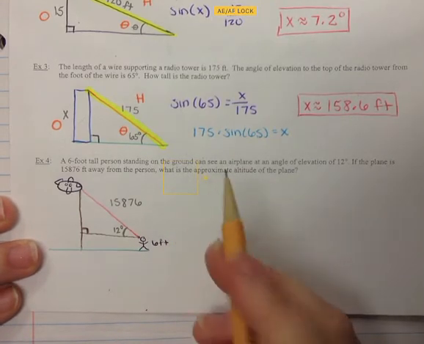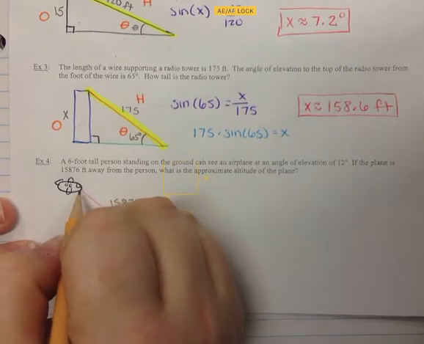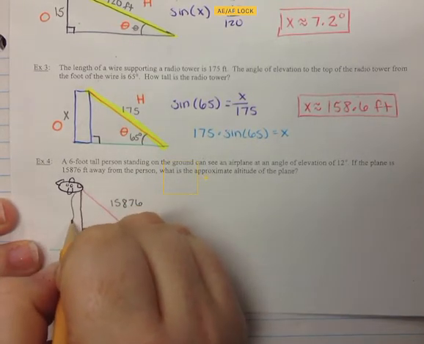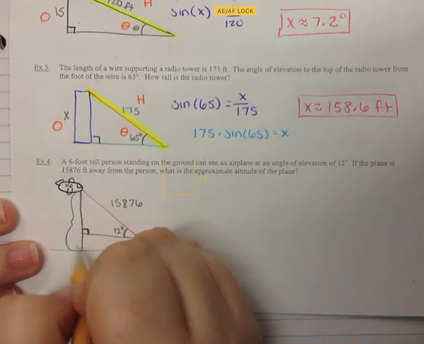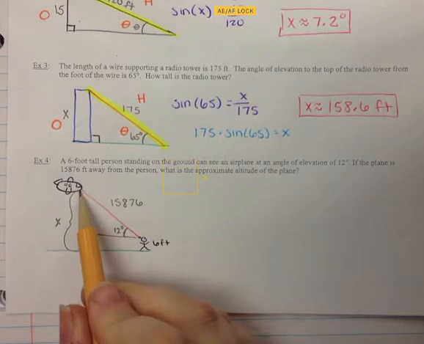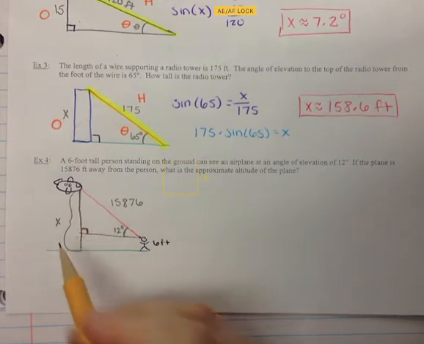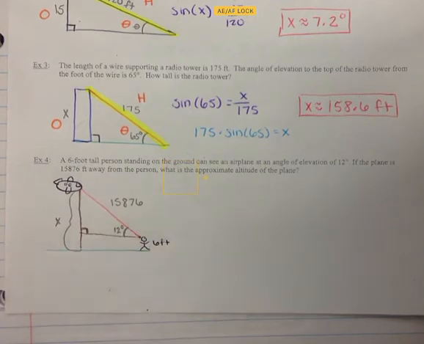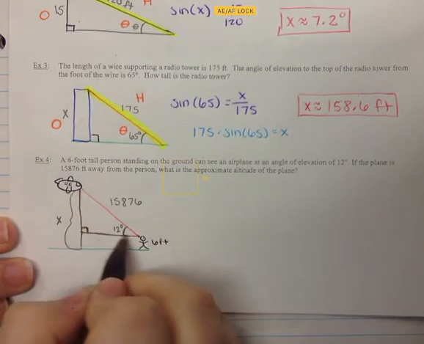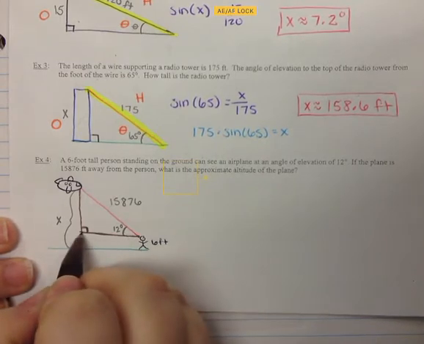Altitude is the height, but the altitude is from all the way from the plane to the ground. So we actually want this entire length. However, this part is the only part that's attached to that right triangle. But if you notice this part right here, this is parallel to the ground.